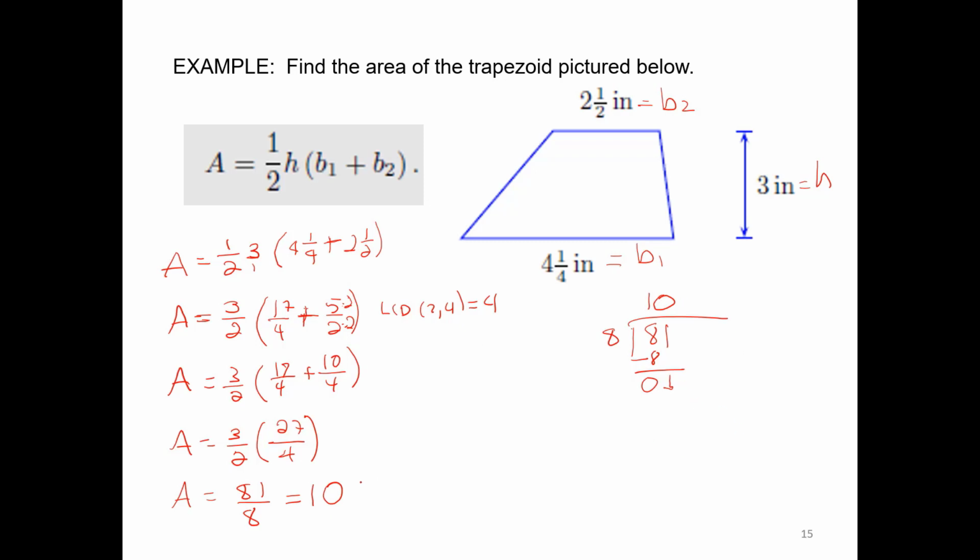Then the remainder is the numerator and the divisor is the denominator. And this is the final answer. Then the area equals 10 1/8. And remember, the area is always in square units. Yes, and this is the final answer.